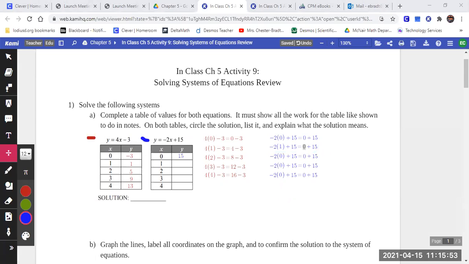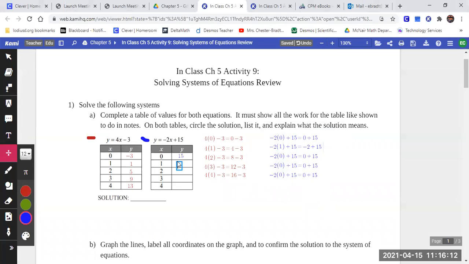-2 times 1. What would we change that to? Because it's not a 0 anymore. We have to do the multiplication. -2. Okay. And then we combine it with the positive 15.